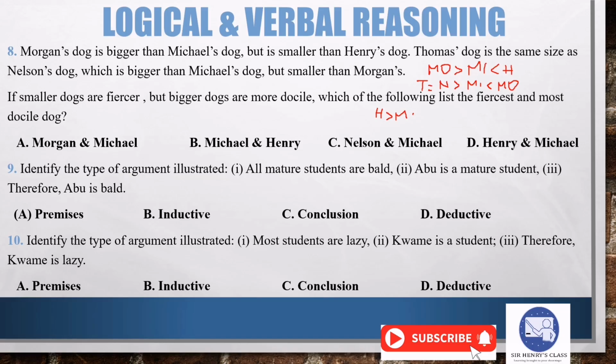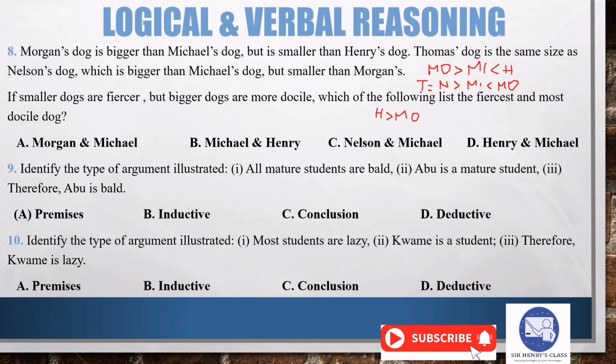It was said that Morgan's dog is bigger than Michael's dog, but is smaller than Henry's dog. And Morgan's dog is bigger than Nelson's dog and that of Thomas's dog. So Thomas and Nelson's dog are bigger than Michael's dog, but smaller than Morgan's dog.